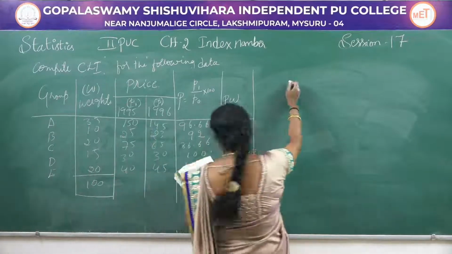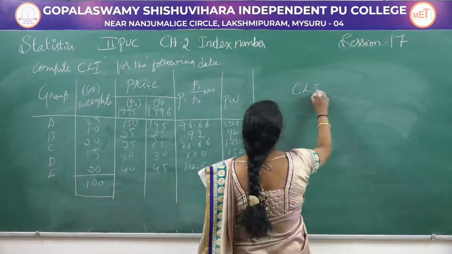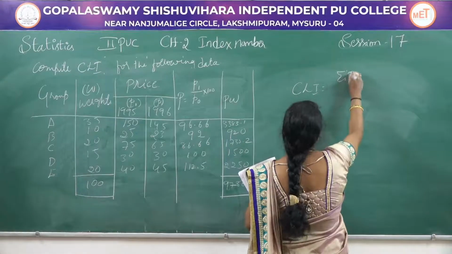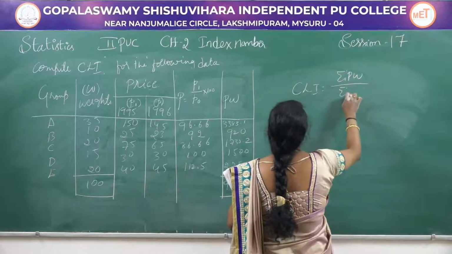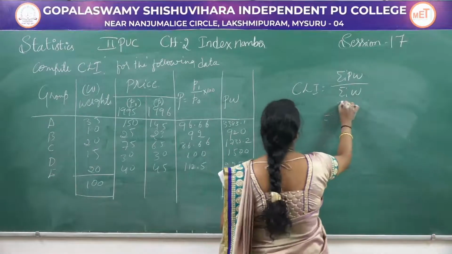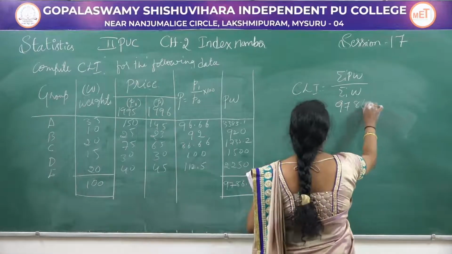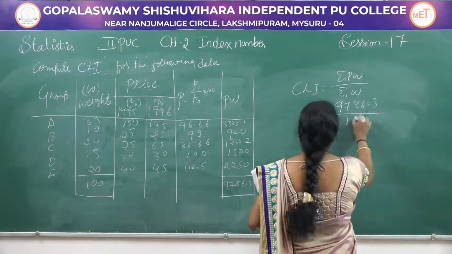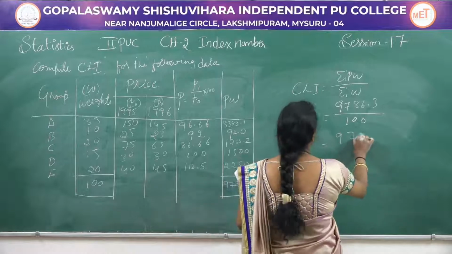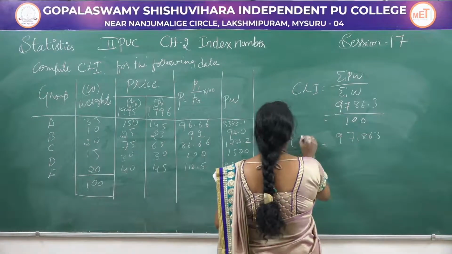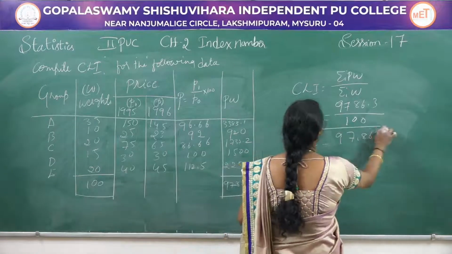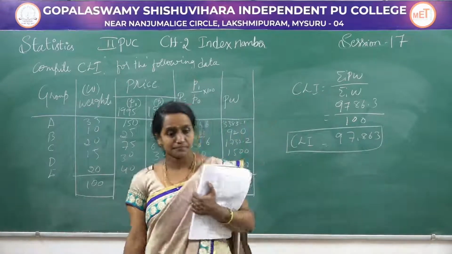Now, cost of living index is equal to summation of PW divided by summation of W. Substitute the values. 9786.3 by 100, it is 97.863, that is our CLI, that is cost of living index number.